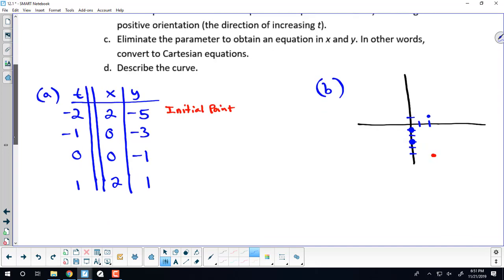We're not quite sure. So a couple of other things we want to try plugging in. Negative 1/2. T is negative 1/2, and then we'll see what happens when we plug in a half, I guess.